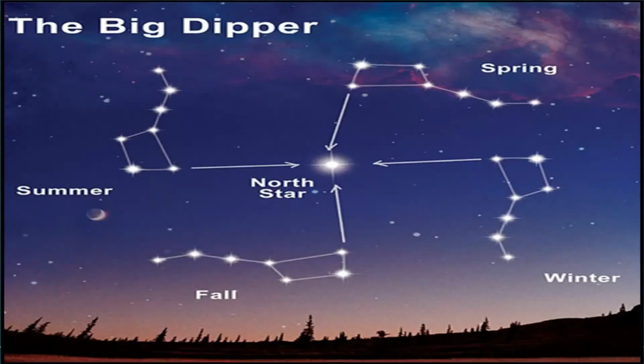So, other things that I have also shared with you guys is that the Big Dipper or Ursa Major also needs to align for the season. So we have here what you should be seeing outside in your northern sky at night in the fall. You should see your Big Dipper looking like this.